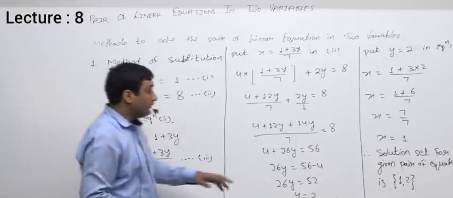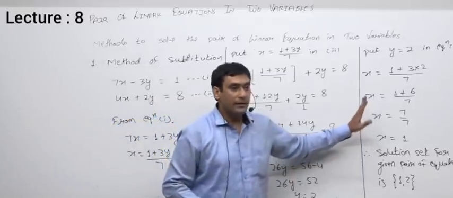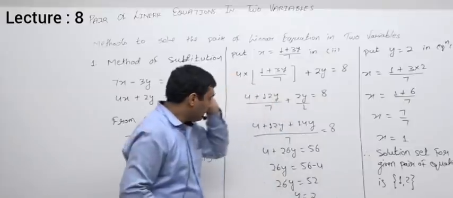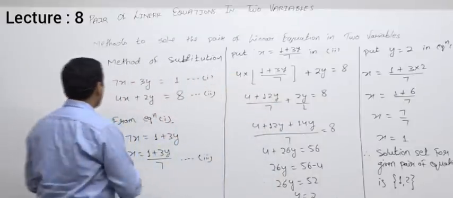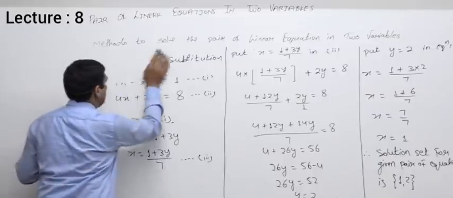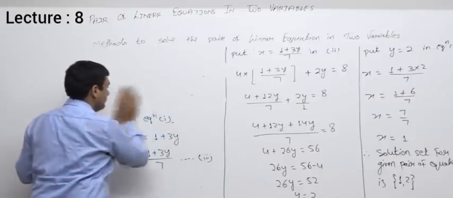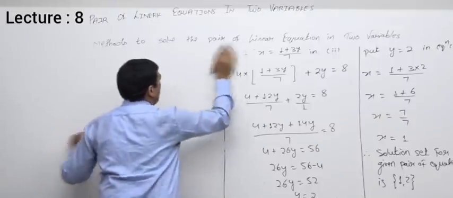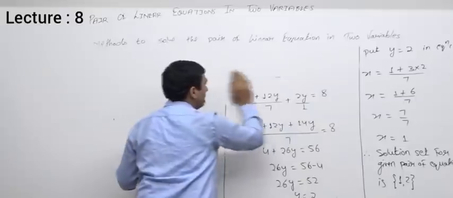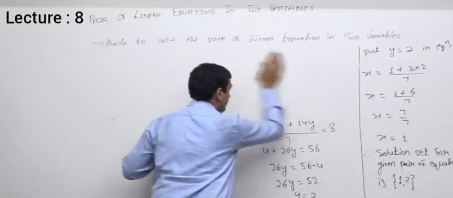Now here we'll verify whether x equal to 1 and y equal to 2 is satisfying the given pair of equations or not. For verification we have to take the left hand side and the right hand side separately.